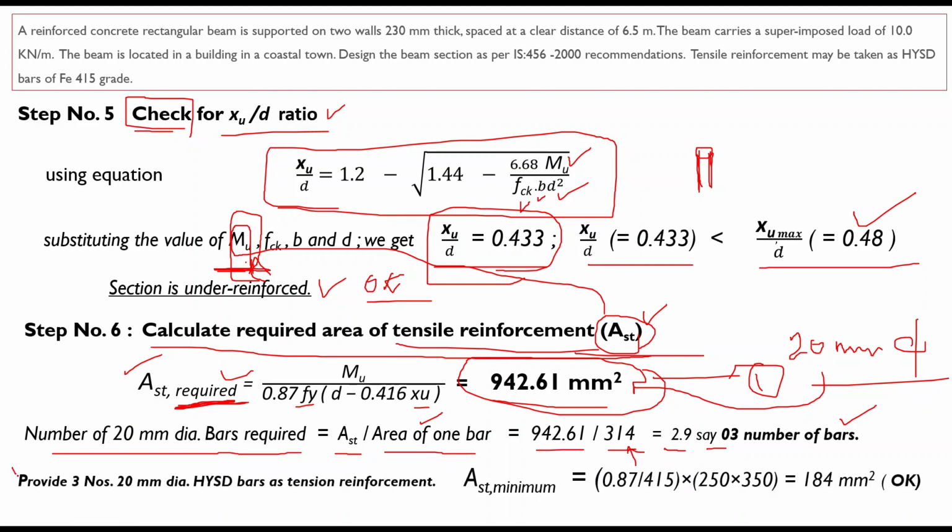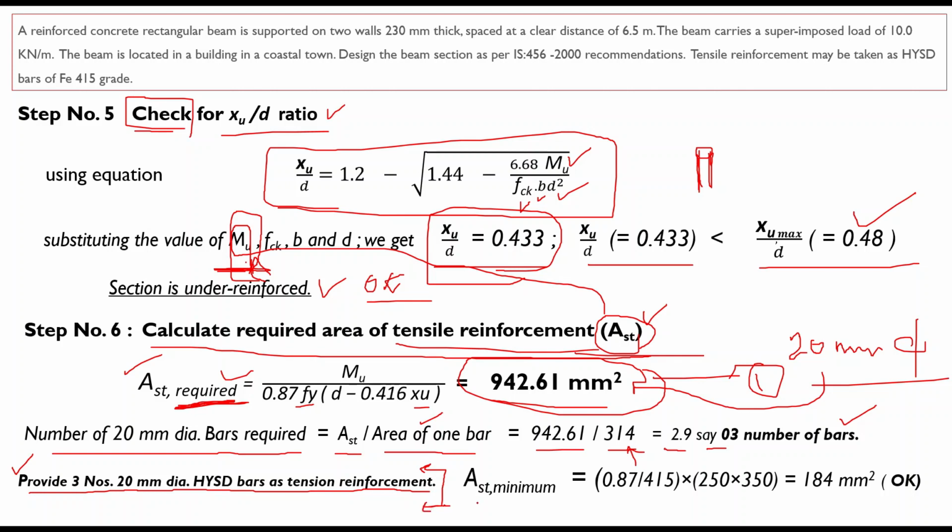Here we have noted down that we will provide three numbers of 20 mm dia HYSD bars as tensile reinforcement. But here you have to apply a check for the minimum area of tensile reinforcement recommended by the IS code.